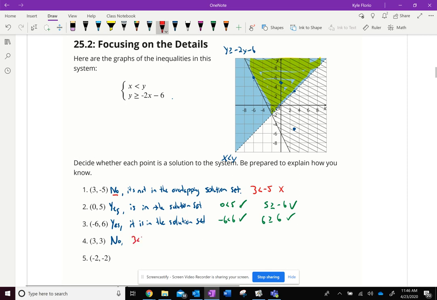Is 3 less than 3? It's not. So it doesn't satisfy x is less than y, and it's not in the solution set.